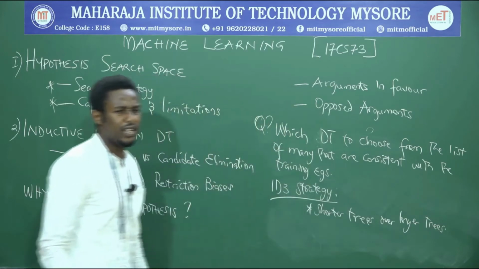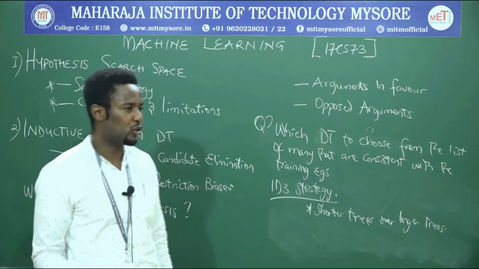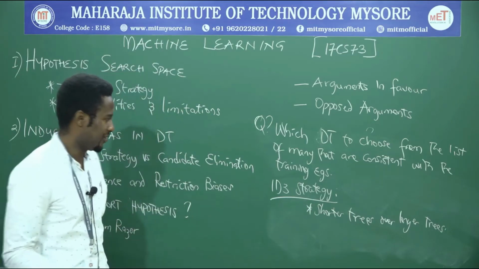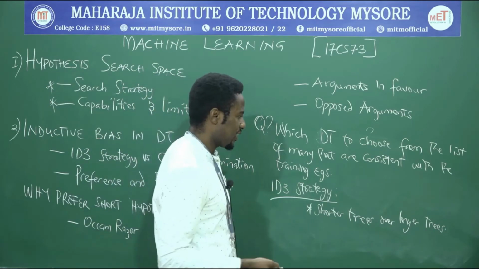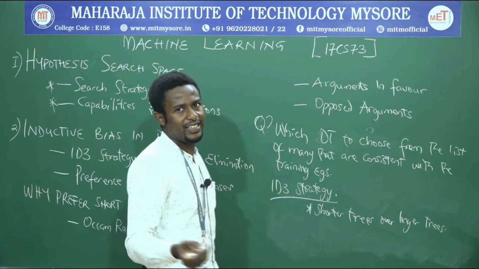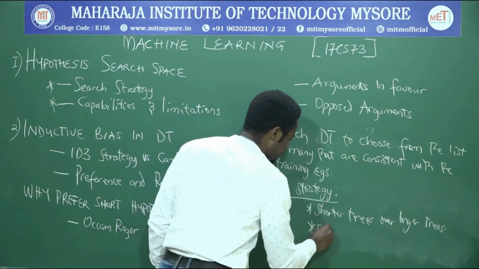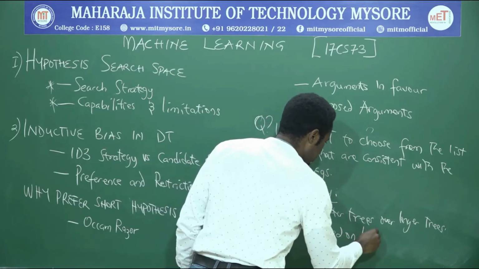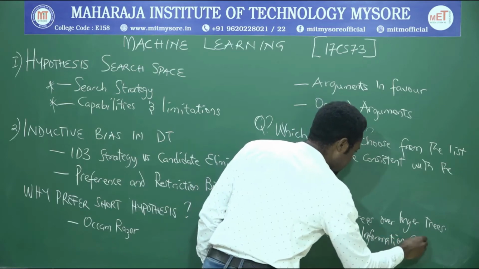Now it selects the tree that places the attribute with the highest information gain. Don't tell me you've forgotten. So when choosing the shorter tree over the longer ones, how will it decide then? We've done this in the previous class. Based on information gain.